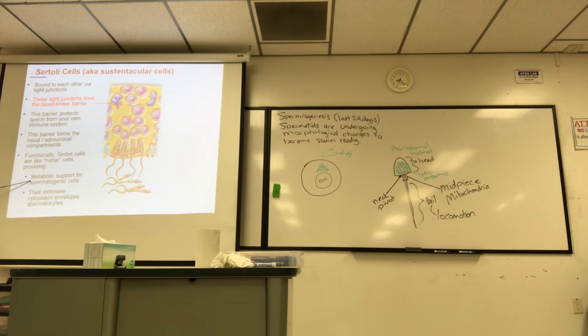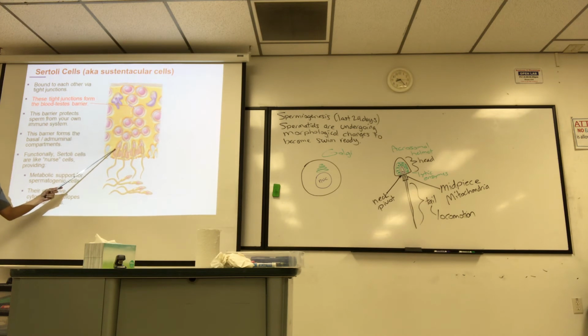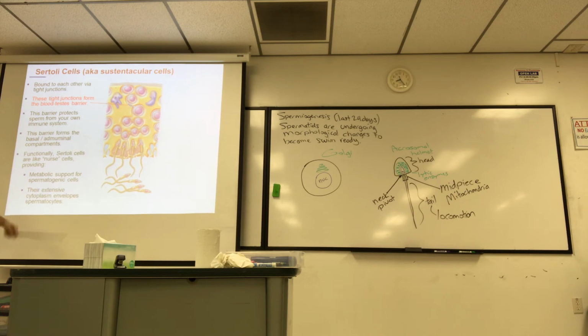They provide metabolic support. When a sperm's ready to swim, ready to leave its little nest here, it's got its head stuck in the sand, and it needs to break away and swim away. The process of it breaking away, taking its head out of the sand, so to speak, is called spermiation.